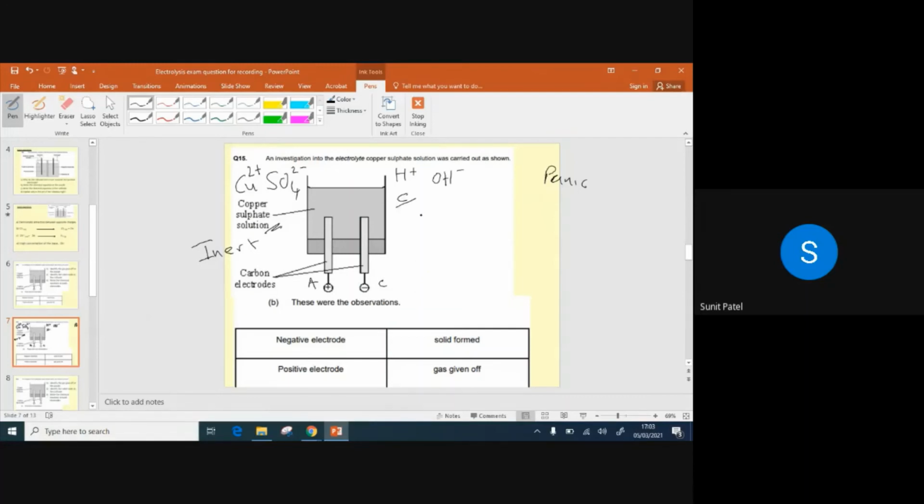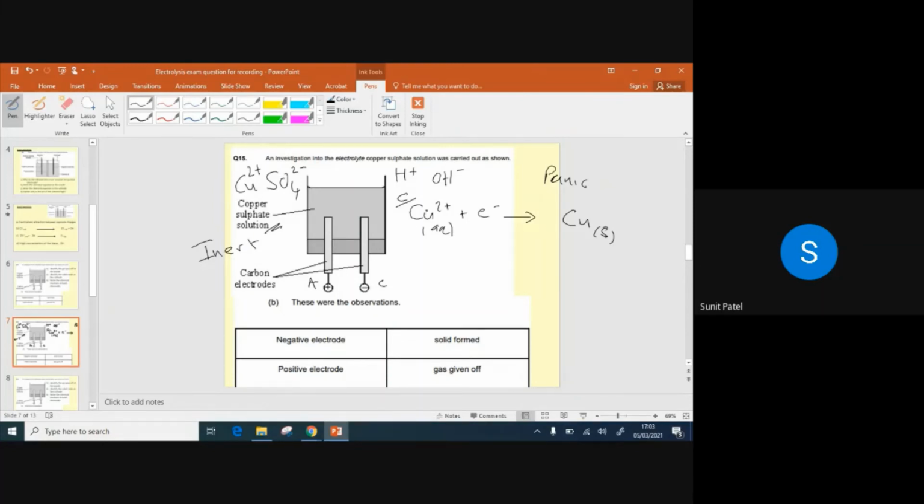So C for cathode, and the chemical reaction will be copper 2+ added to some electrons to make a solid, and the only solid we can have is the element with no charge. That's going to be copper solid. This is going to be aqueous, of course. Right, let's have a look.